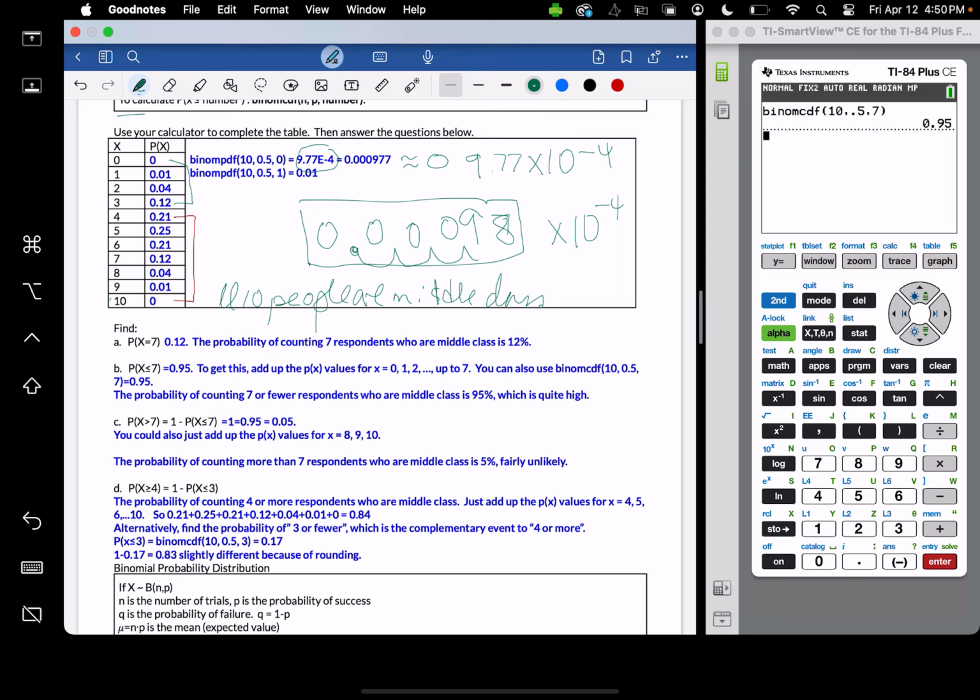So yeah, what I prefer is for you to just always make this table and then just add up the values that it's talking about, because I have students get very confused about this. If you understand this, great, go for it. If you find the probability of 3 or fewer, that's going to be exactly the complement to 4 or more. So 1 will be 1 minus the other.